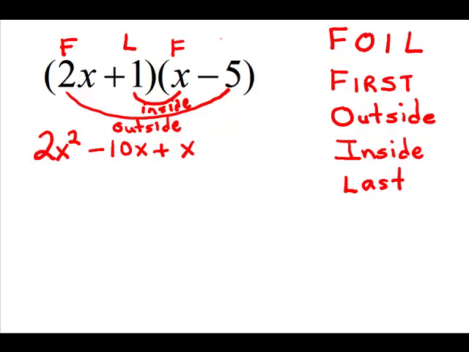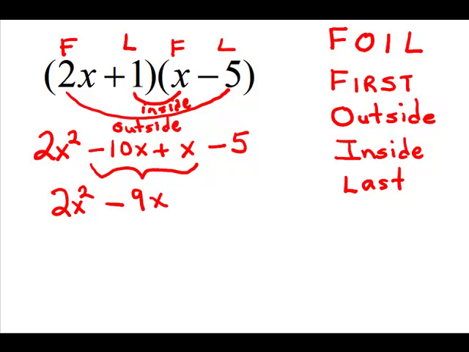So 1 and negative 5 are last terms, and they're going to multiply. So 1 times negative 5 is negative 5. Parentheses comes off, and you usually get like terms on the outside and the inside, and these will combine. And they are different signs, so they're going to subtract, sign of the larger. And now we're done.